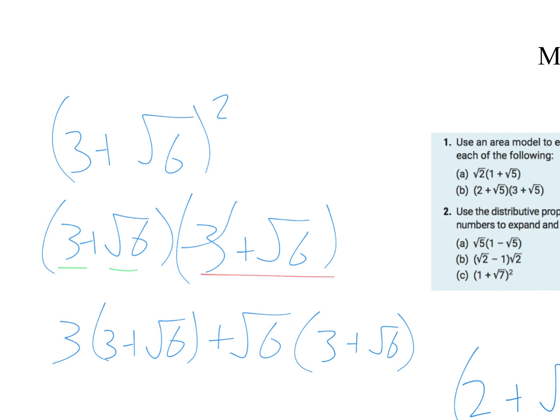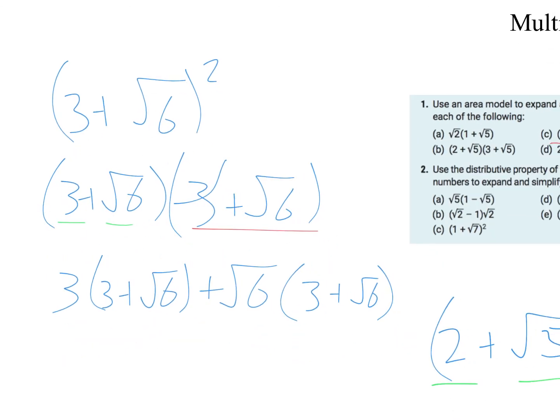Just make sure we keep that sign there as well for the plus root 6. Okay. And then look, same way as before, you just multiply this by this, this by this, this by this, and this by this. Outside term by the two inside terms. And if you do that correctly, you get a nice answer out. Using the same process as before, just simplify it at the end.